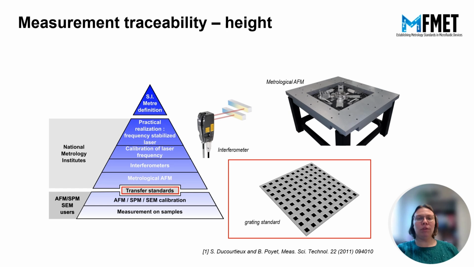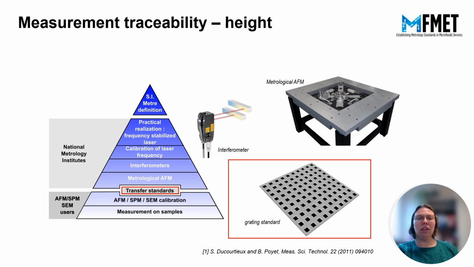Moreover, measurement performed by AFM is easily traceable to the Système International d'Unités, or SI unit system, in other words here, the meter. The pyramidal figure here represents the traceability route of nanoscale measurement implementing a metrological AFM. This reference instrument makes it possible to link the nanoscale dimensional measurement to the SI unit through a calibration process implementing transfer standards, that is to say, step heights or periodic gratings.